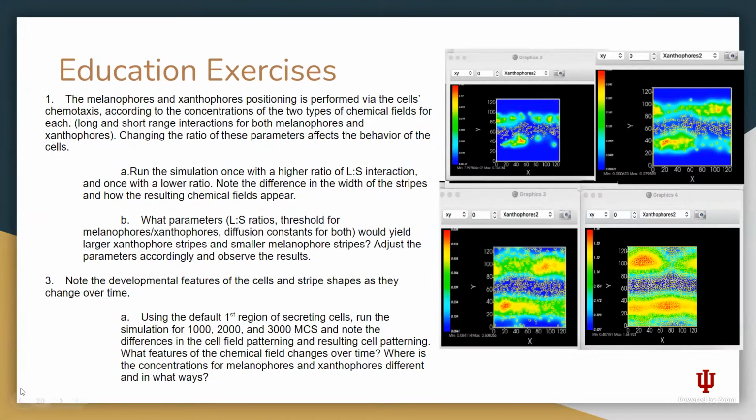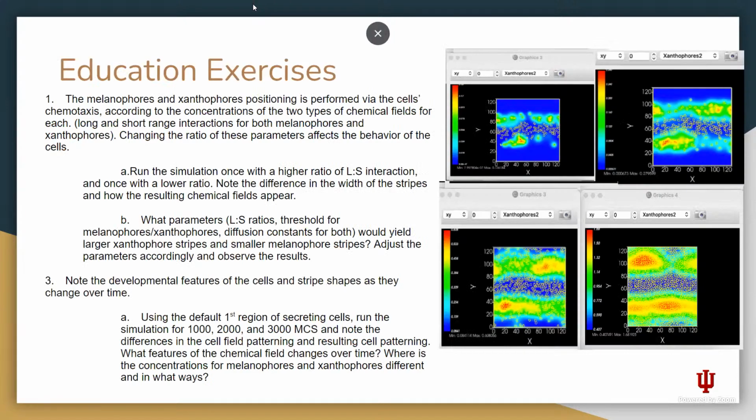You can change the parameters to see the different effects that it has and how they solidify over time, and the relationship between the chemical fields of the melanophores and the xanthophores, and how they're kind of inversely showing up in the fields.